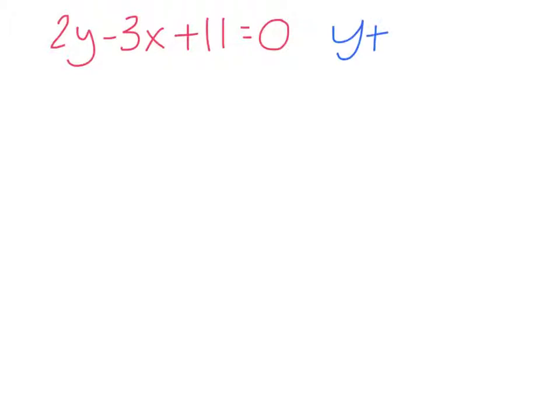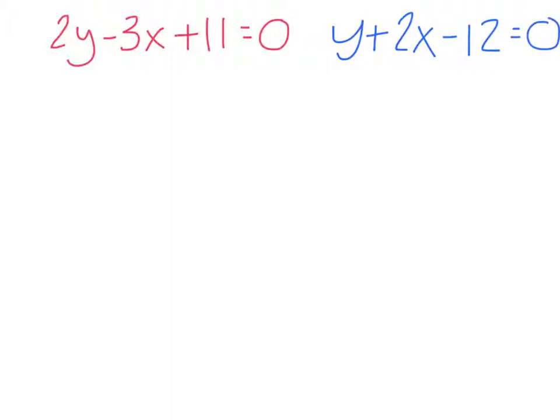The one we worked out in part A of the question, the median, was 2y minus 3x plus 11 equals 0. And our new equation is y plus 2x minus 12 equals 0.